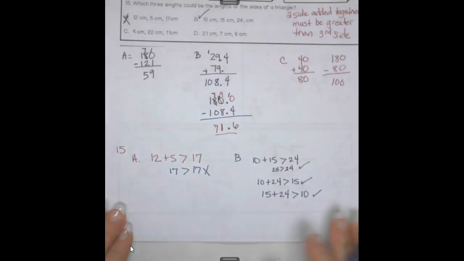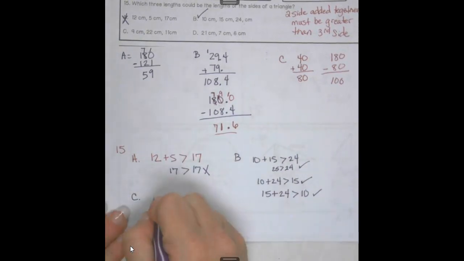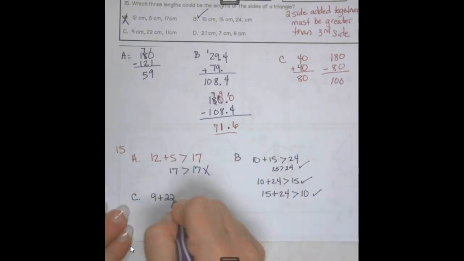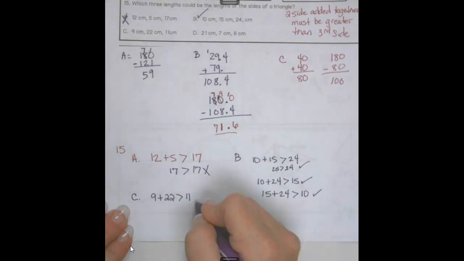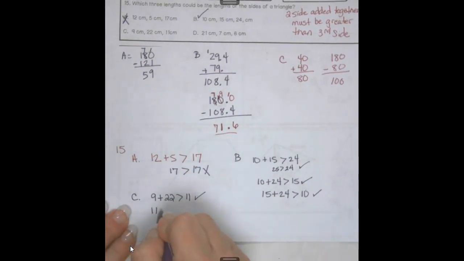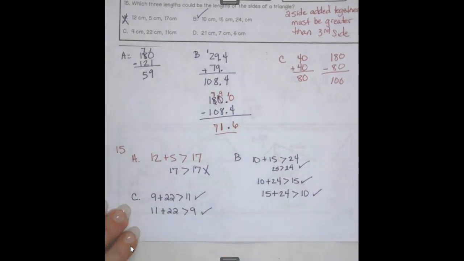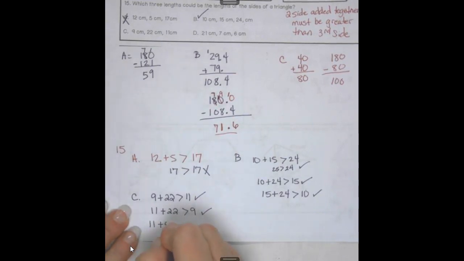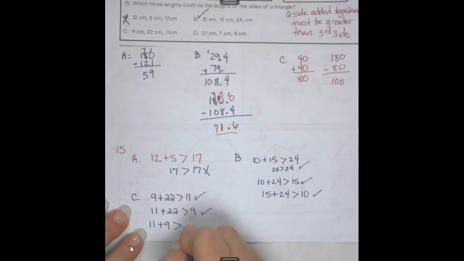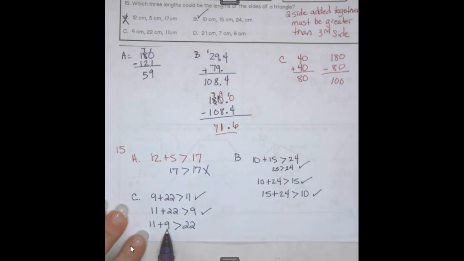Let's look at C. 9 plus 22, is it greater than 11? Yes. 11 plus 22, greater than 9. 11 plus 9 greater than 22? What's 11 plus 9? 20.